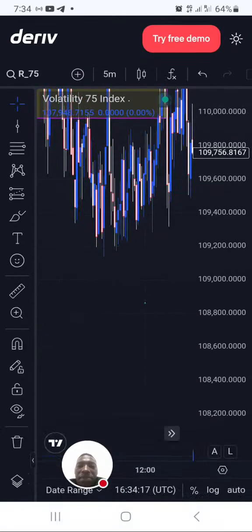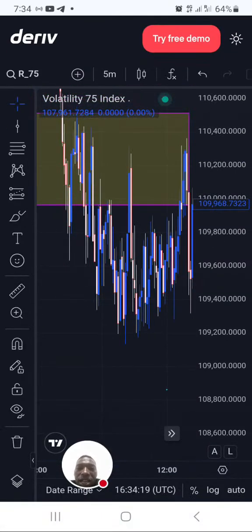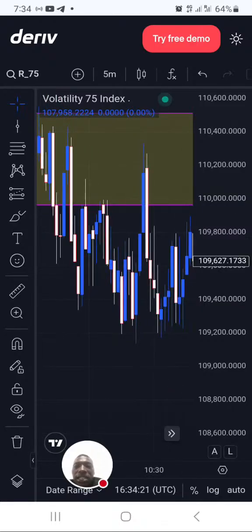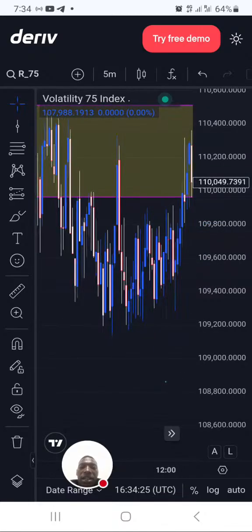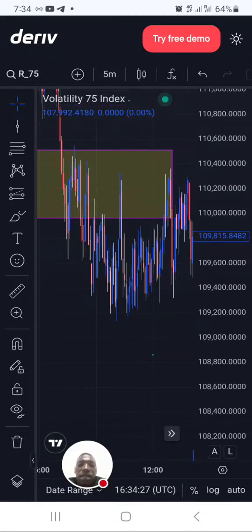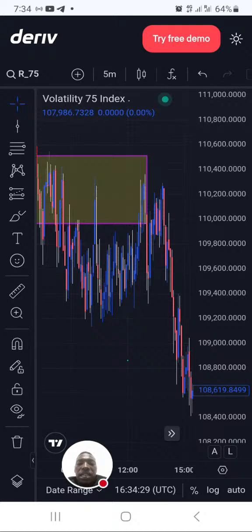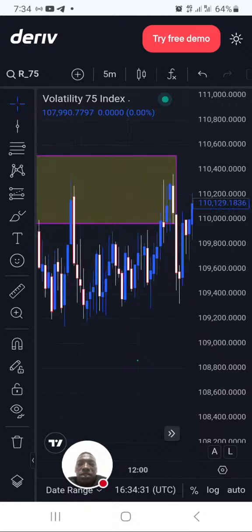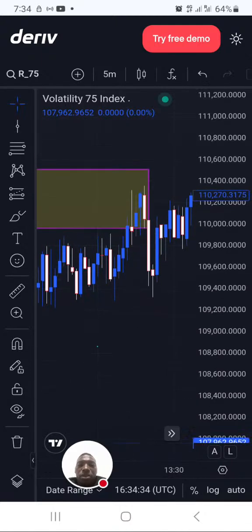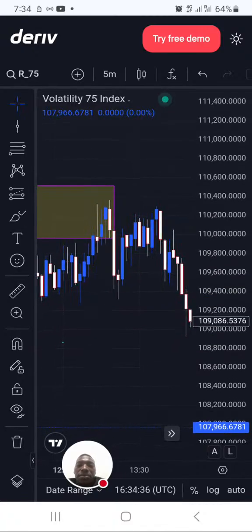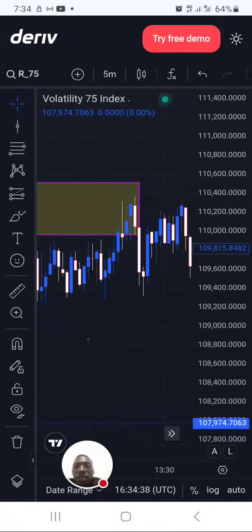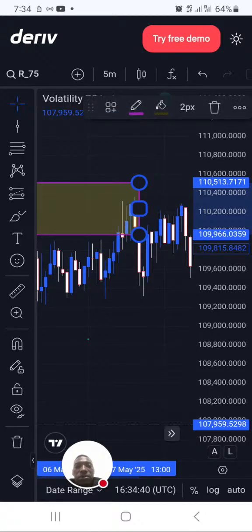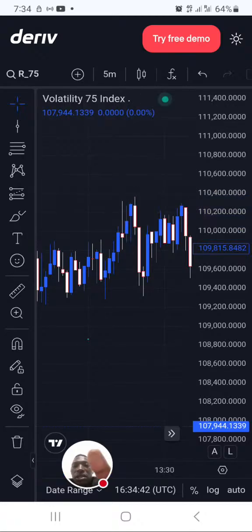Do you see when the market was moving downwards? We had these legs: low, high, low, high, low, high. And then we had double bottoms here. When we got those double bottoms, we started creating the higher highs and higher lows. When we came to this point, we broke the structures. Let me remove this big order block so that you can understand very well.